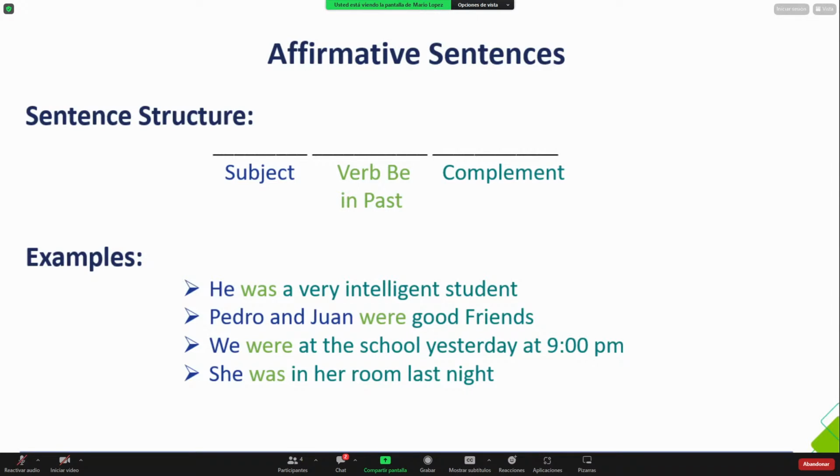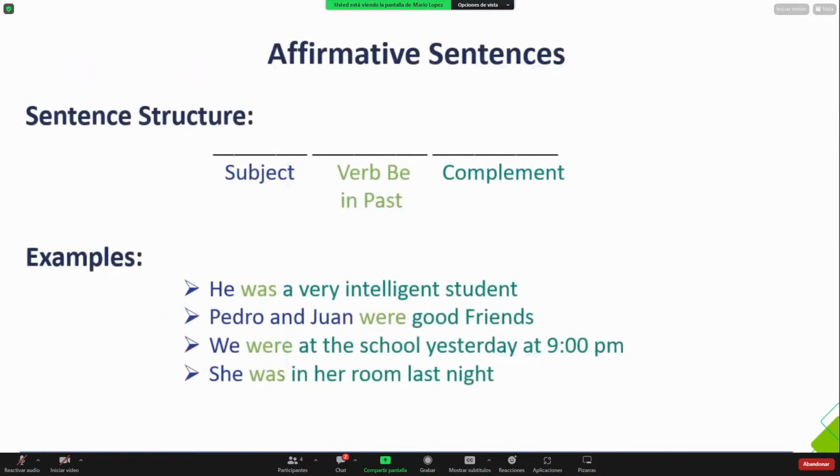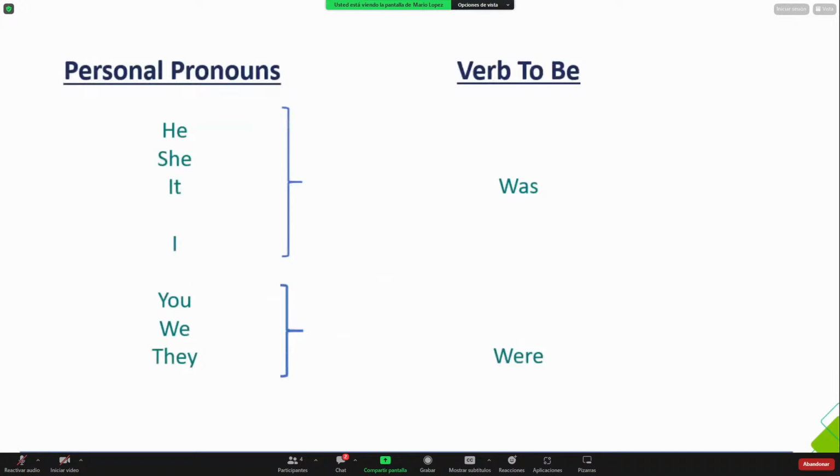As we had in the previous slide, we can see that in those examples, he used was, and they, Pedro and Juan, they used were.